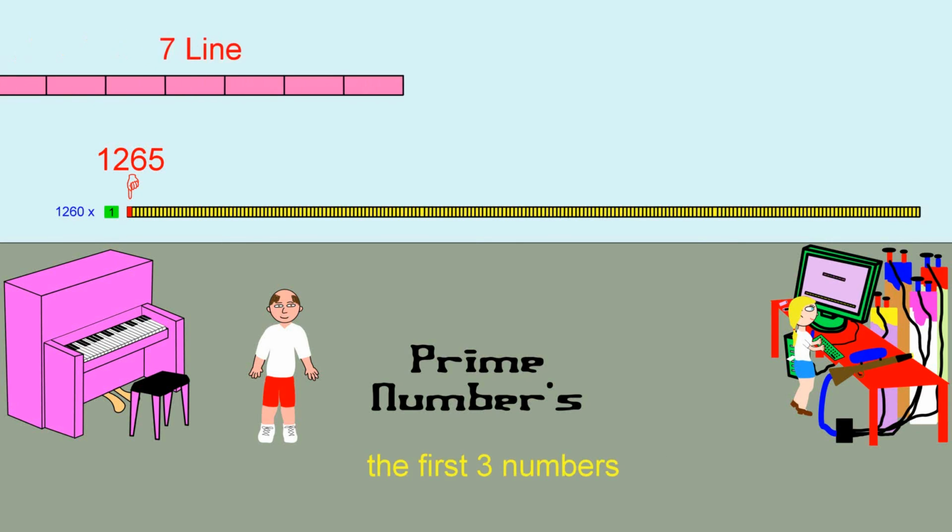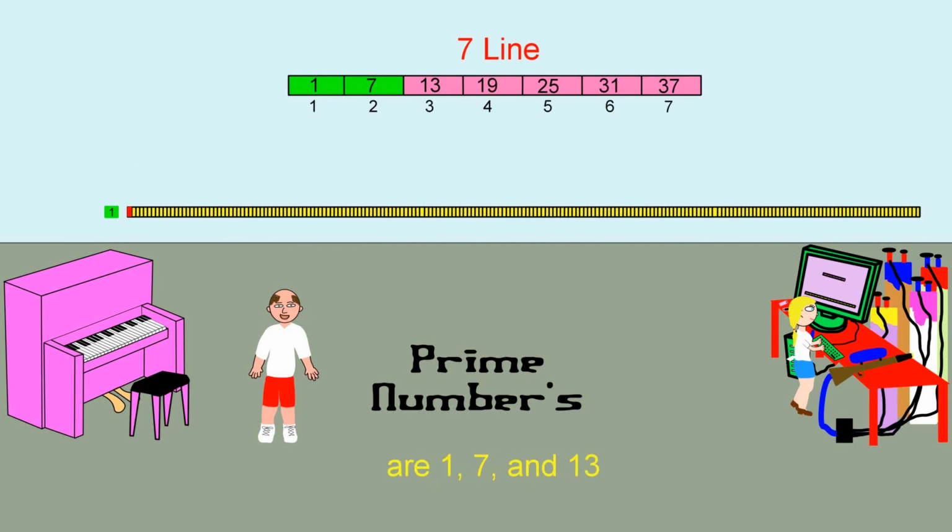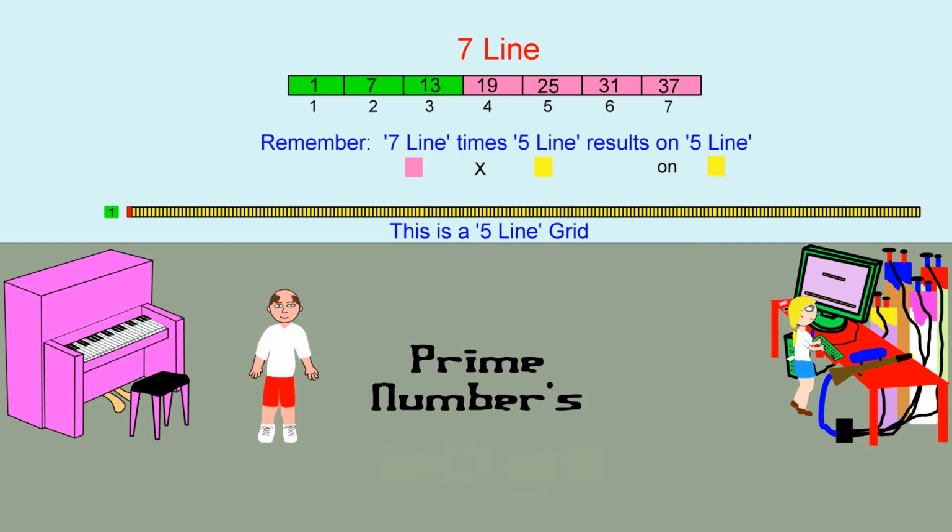The first 3 numbers, the 7 line, are 1, 7, and 13. Since we start with grid 1, the first number is 1265. So 1 times 1265 leaves it right where it is. To find the second instance, we multiply 7 times the 1265. This equals 8855.